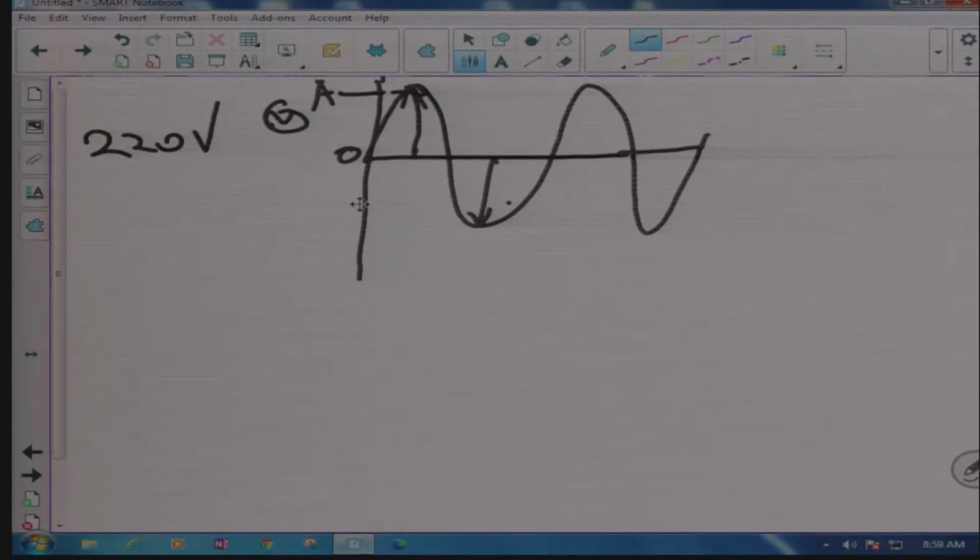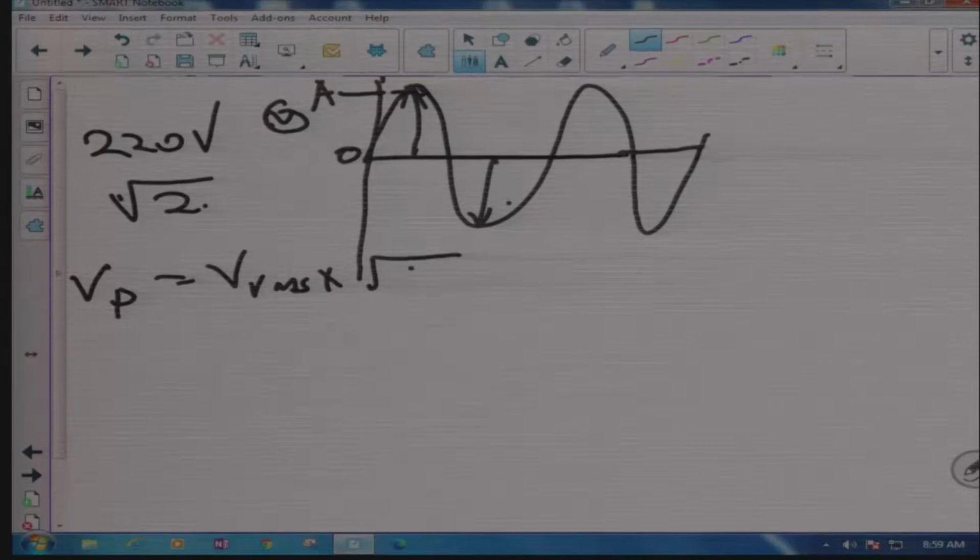Whenever you work with an RMS value, for you to know the exact amplitude, you must multiply it with the square root of 2. The square root of 2 will tell you your peak. In other words, your V peak is equal to V RMS multiplied by square root of 2.